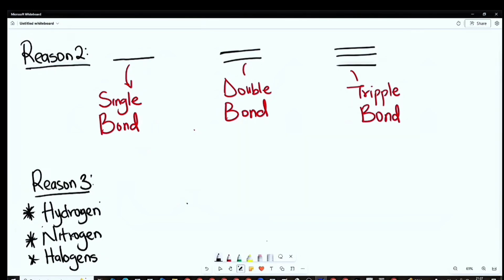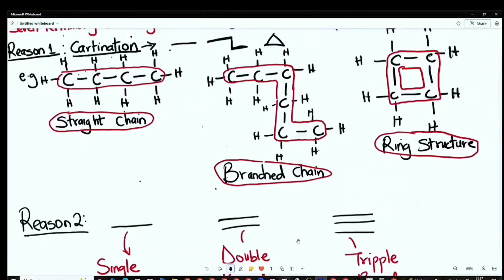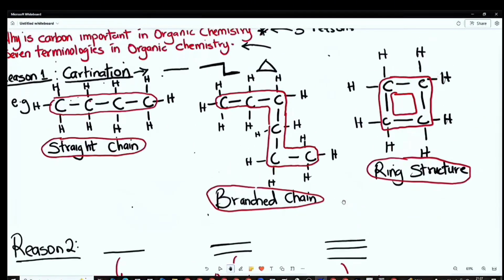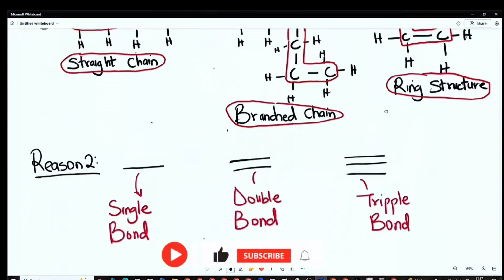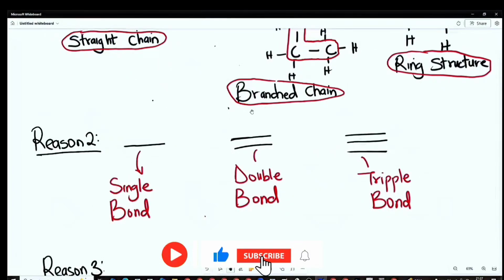So these are the three most important reasons as to why carbon is very important in the study of organic chemistry. Number one, we said carbon has the ability to catenate. That is, it has the ability to form a straight chain, a branch chain, and a ring-like structure. Number two, carbon has the ability to form single bond, double bond, and triple bond.